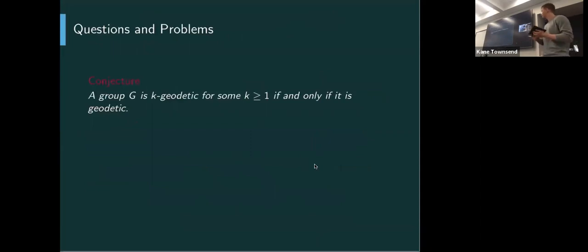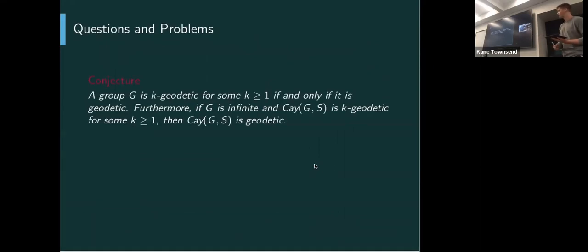So I'm going to talk about some questions and problems that we have now. We conjecture that a group is k-geodetic for some k greater than 1 if and only if it is geodetic. And furthermore, if G is infinite and the Cayley graph is k-geodetic for some k greater than 1, then the Cayley graph is in fact geodetic.